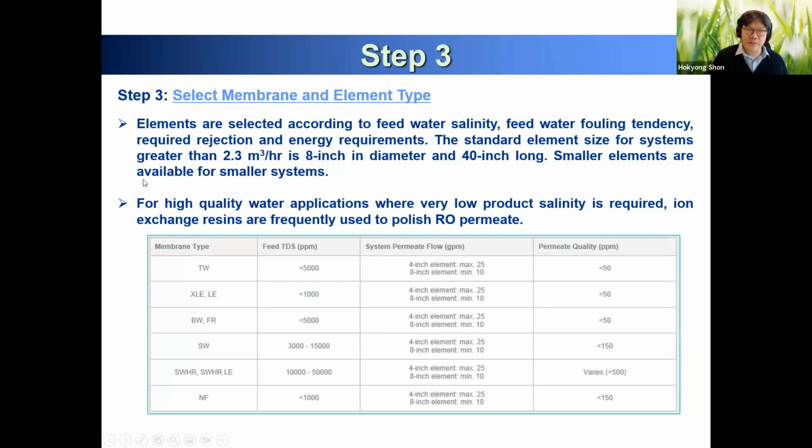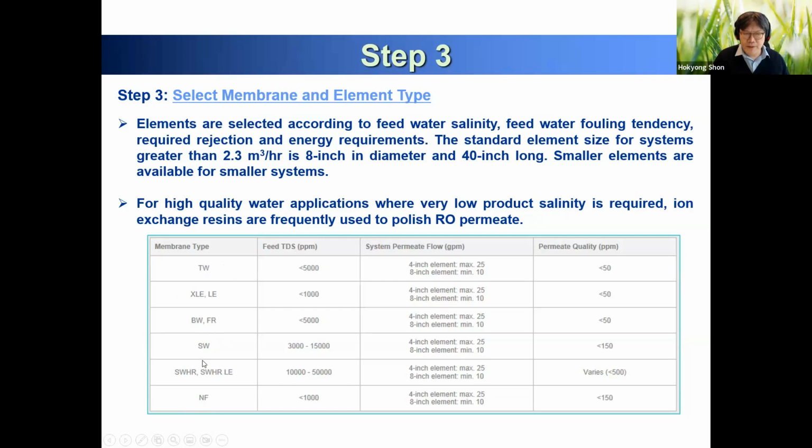Smaller elements are available for smaller systems. For high quality water applications where very low product salinity is required, ion exchange resins are frequently used to polish the permeate.